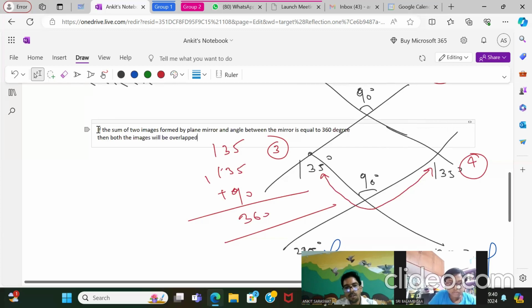Then we will take only one overlapping, that is, overlapping or coinciding images.